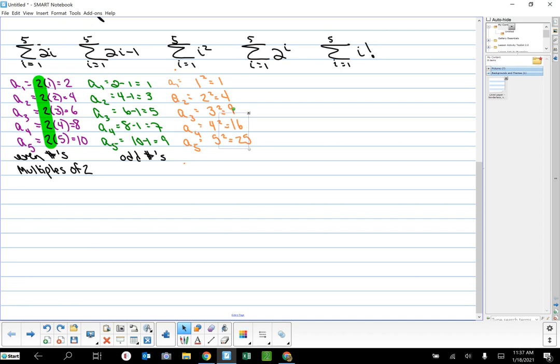Now these, it's interesting. I didn't look at the difference between the odds, but they're all 2, just like they are on the evens. And with your perfect squares, it's interesting to look at the differences between the terms because something interesting happens. And again, it can help you later on. Between 1 and 4, you have 3. Between 4 and 9, you have 5.